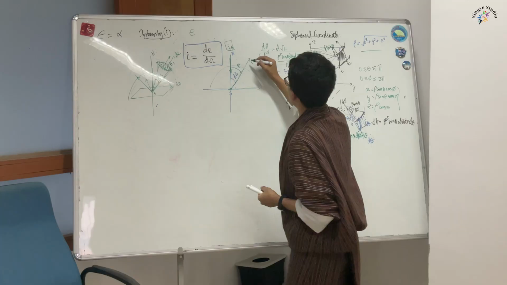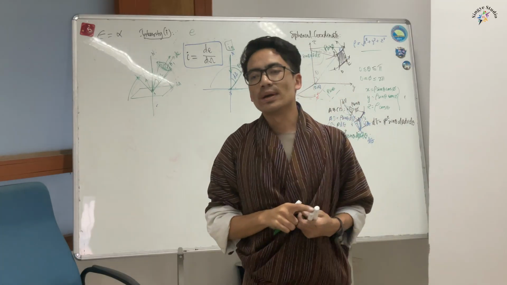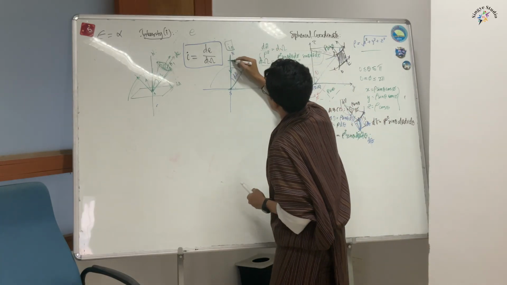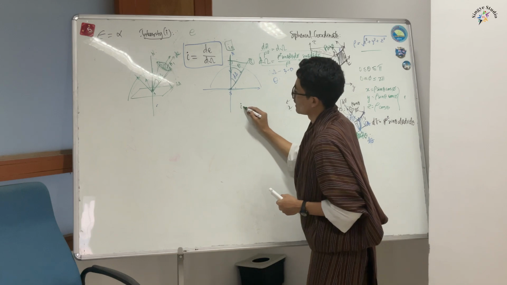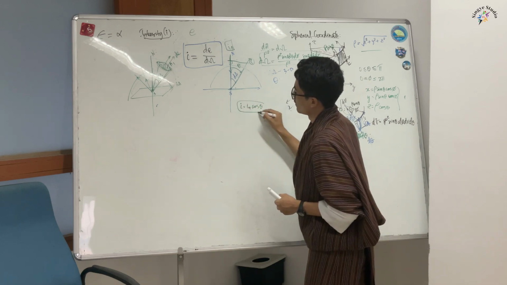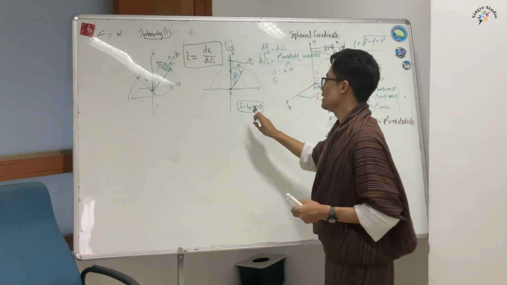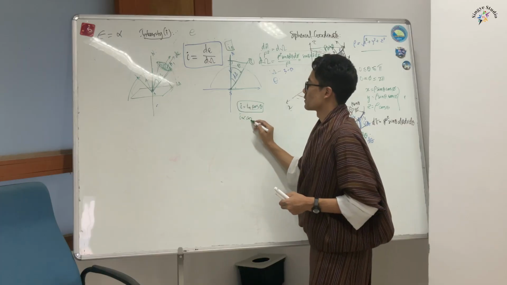I want to find this I now. How should I find this? Well, you can use trigonometry and say that this I is actually IN cosine theta. Do you see you involve some cosine here? If IN is constant, I can say I is proportional to cosine of the angle.